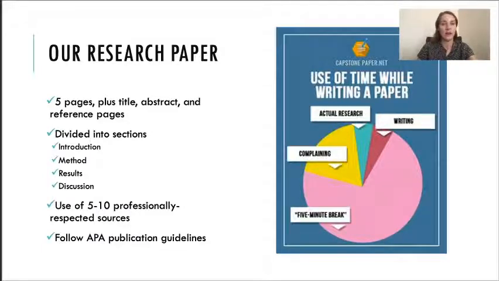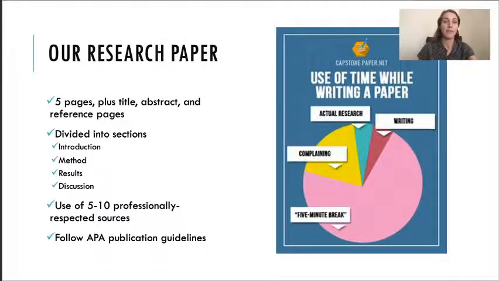But you'll come to find out that they'll all serve their own purpose, and that we're all going to sort of be working with different types of information. So we'll all kind of play this by ear. But a minimum of 5. You'll be collecting 10 for your references assignment, so you'll have plenty to pull from when you start to write your paper. And then lastly, it's going to follow APA.